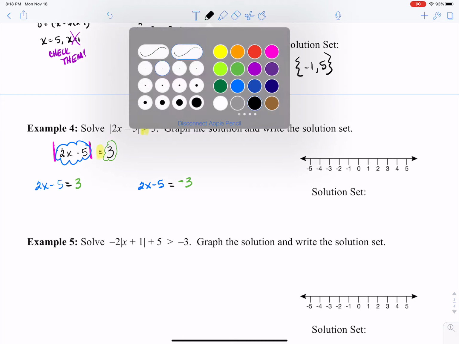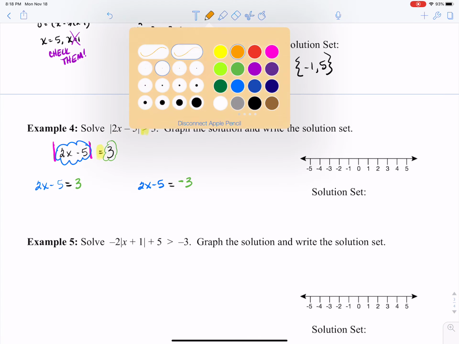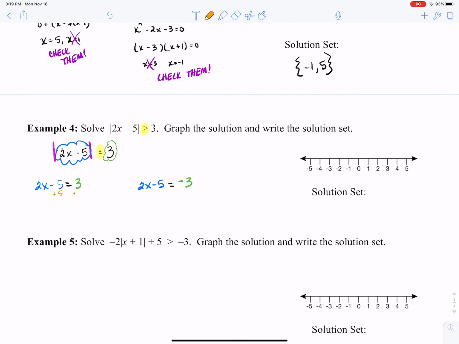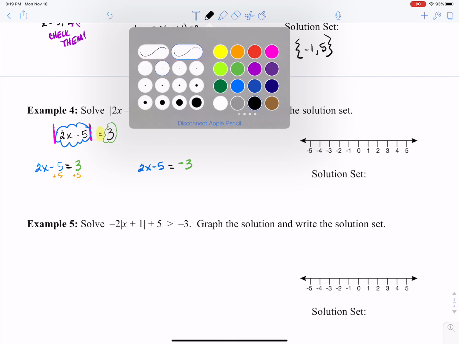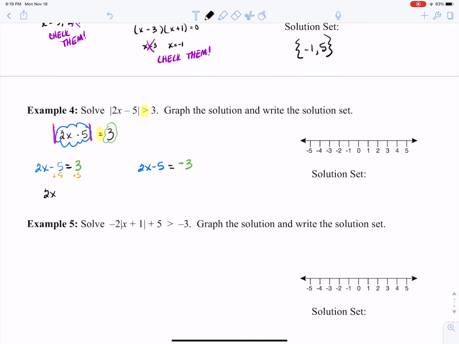Now, solve each equation. All right, we got x equals 4 and x equals 1.